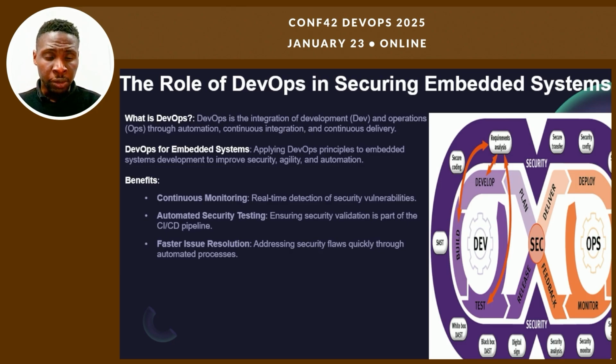Now, let's talk about the benefits. Some of the benefits include real-time detection of security vulnerabilities. With DevOps, we could continuously monitor these systems for vulnerabilities being exploited. Also, we have automated security testing, so we can ensure security validation is part of the CI/CD pipeline. An example could be using automated testing tools in DevOps pipelines to simulate attacks on these IoT devices to find vulnerabilities even before deployment.